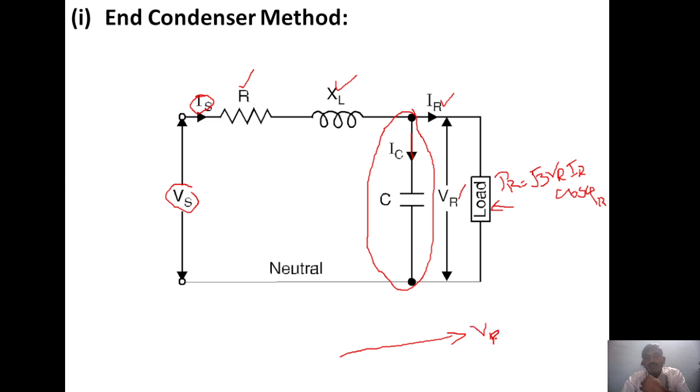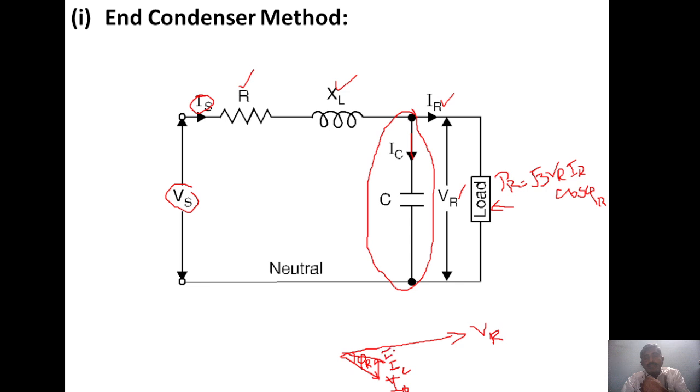The power factor is lagging in nature, so IR will be lagging. That angle is the receiving end power factor angle phi R. Next to IR, the current IC, which is capacitive, is at 90 degrees. The sum of IR plus IC will give the sending end current Is.